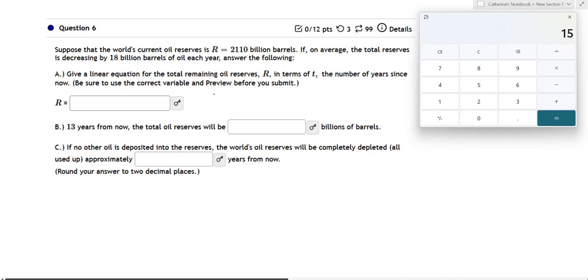Okay, so our starting amount, or our initial value, that's the b, and they gave us that as 2,110. So that's our b value. That's because we're starting with now. And then we're supposed to be decreasing by 18 billion barrels each year.